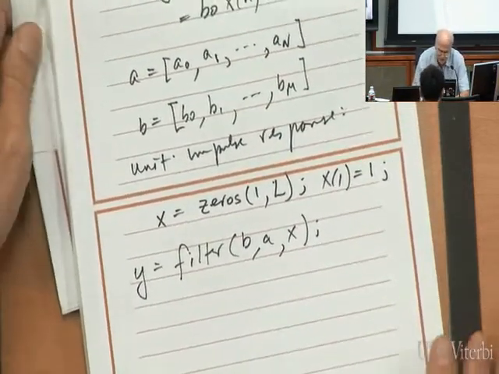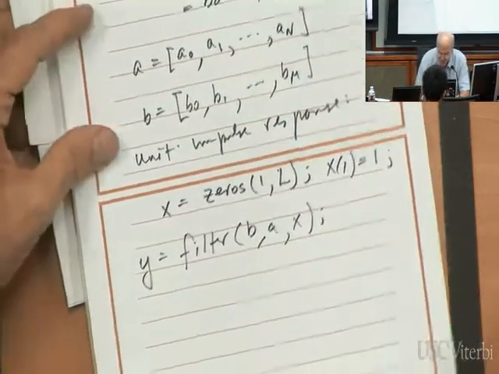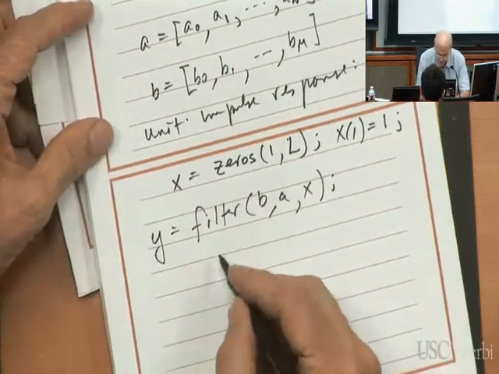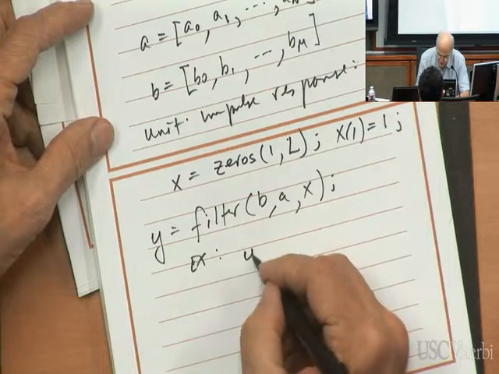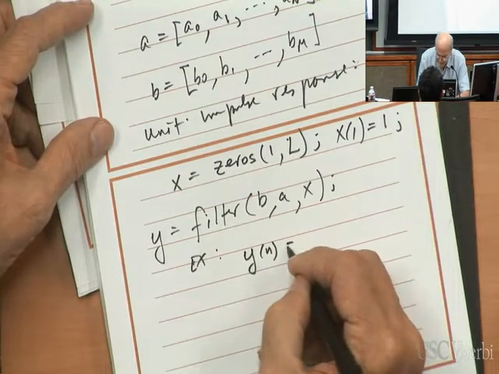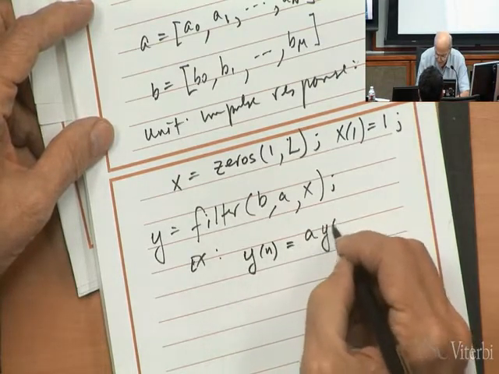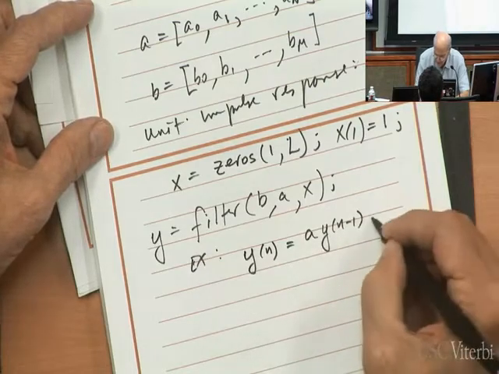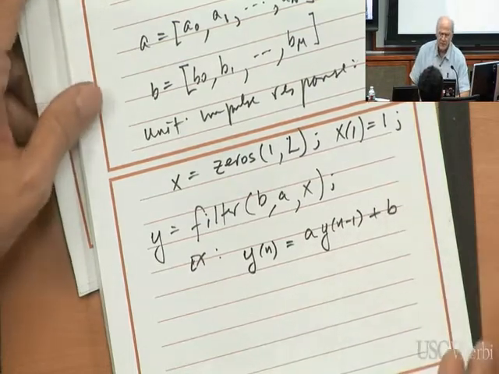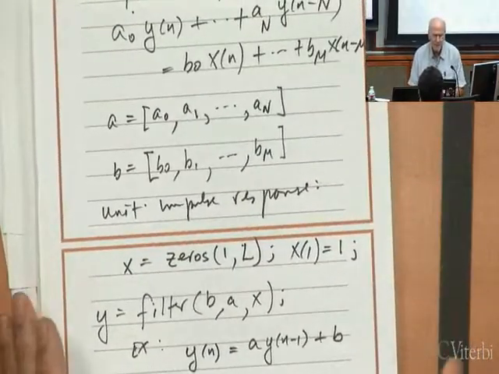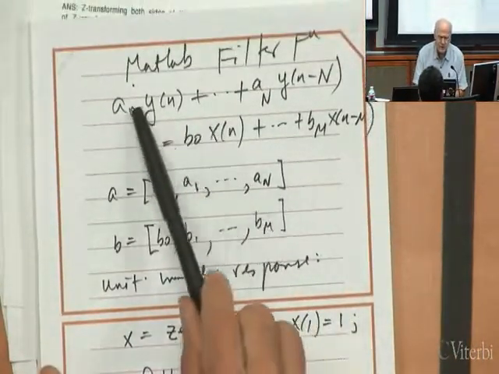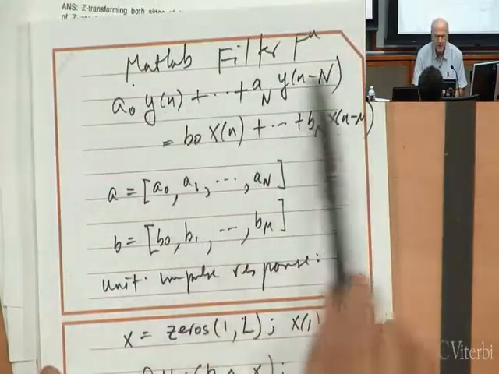Now the only thing, well, I wouldn't call it a trick, but a lot of times we've written filter functions in the form y of n is equal to a times y of n minus 1 plus b. Now the only thing to keep in mind is that the way the Matlab filter function works is that it assumes the coefficients are on this side.